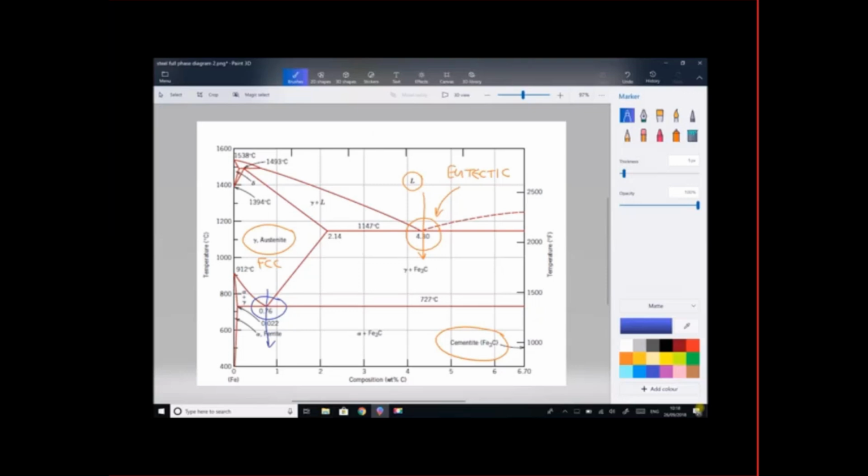Alpha steel or alpha iron is actually our body center cubic structure, and we see a very narrow band here for that particular structure, BCC. The name of BCC iron or steel is called ferrite. So really, alpha is primarily iron, but with a small amount of carbon included. The important thing about this point is it's not a eutectic point because we're not going from liquid to solid. In fact, it's called eutectoid.